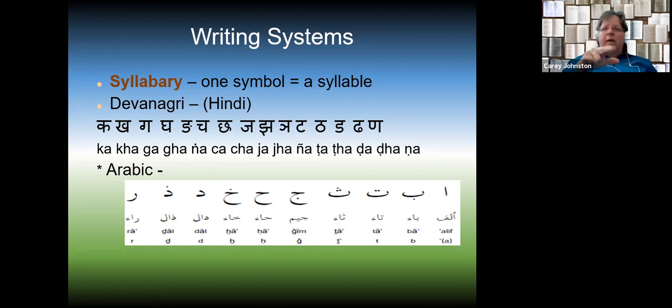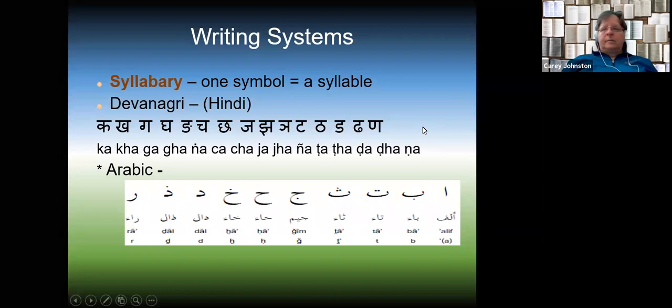If you add it to other things, it can become just the K, but by itself it is a syllable ka. And then ka, ga, na, sa, cha. Each one of these is a syllable, and then the vowel by itself, like the A vowel by itself, has a whole separate symbol.